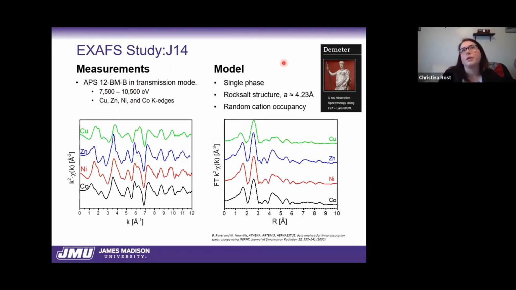For the model, we assumed a single phase rock salt structure with a lattice parameter pulled from XRD, approximately 4.23 angstroms, and we made the assumption of random cation occupancy. With that model in mind, we used the Demeter package to look at the first two coordination shells of the system, and any of the multiple scattering paths that correspond to that data range.